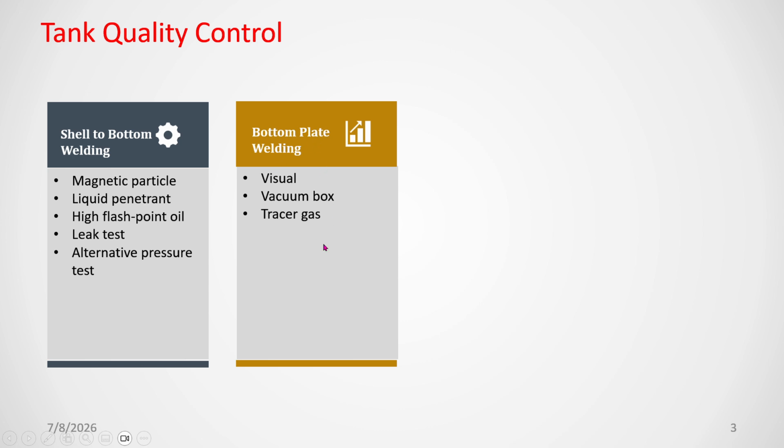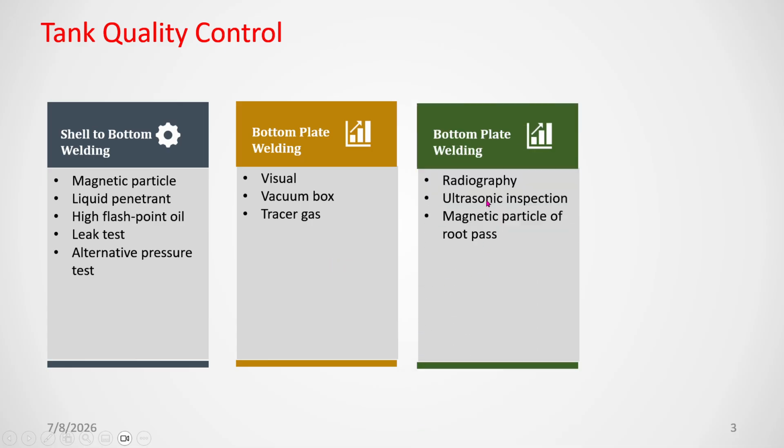Similarly, for bottom plate welding, there are the tank bottom plates and some welding. There you do visual inspection, vacuum box inspection, and tracer gas inspection. For bottom plate welding, you can do the same thing. You can also do radiography, ultrasonic inspection, and magnetic particle testing for the root pass.